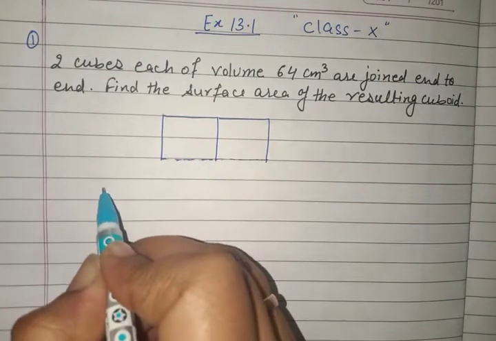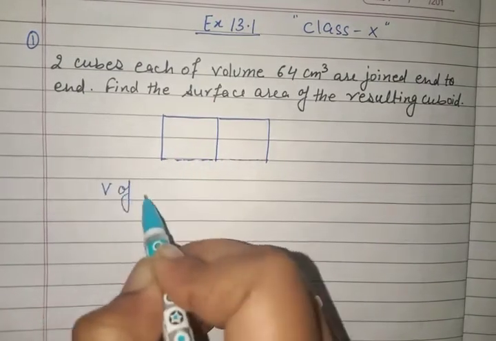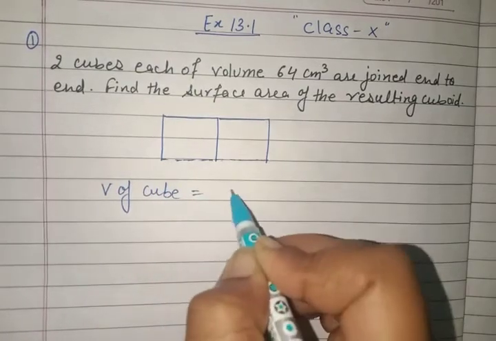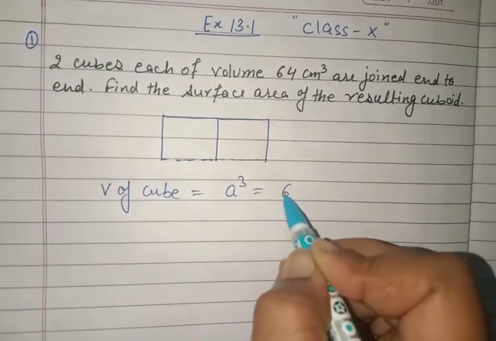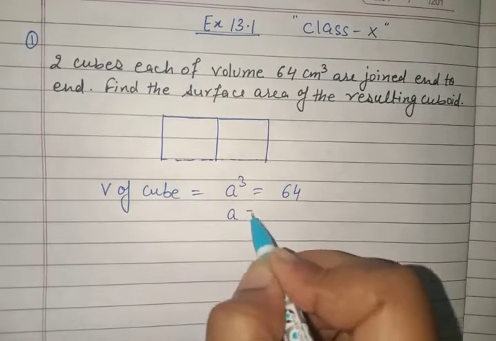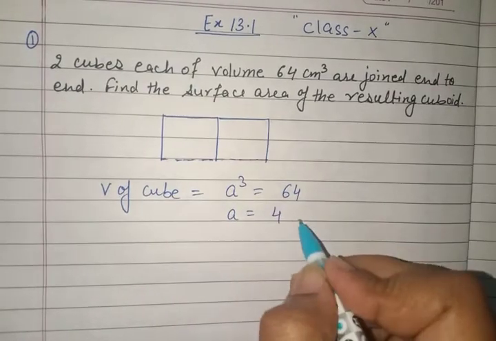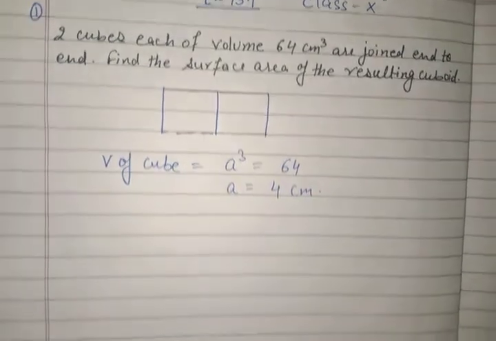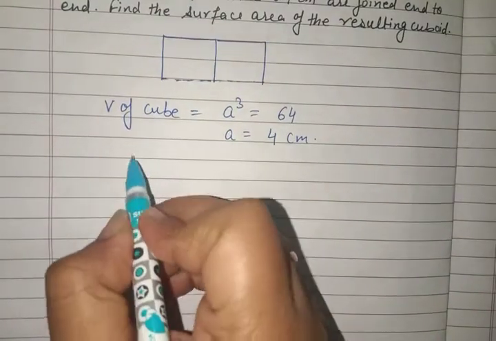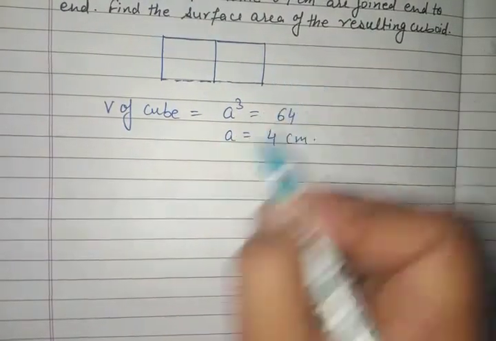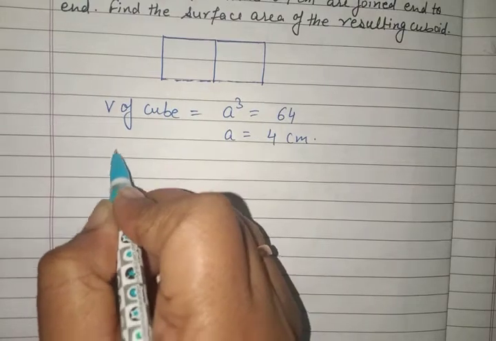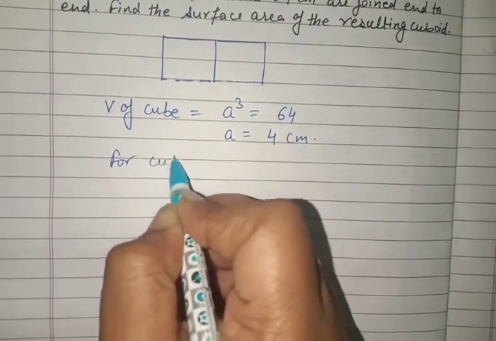So first of all, we'll write here that volume of cube is equal to a cube, which is equal to 64. So a is equal to 4 centimeter. If a is 4 centimeter, then for the cuboid you can draw the figure that we will get.